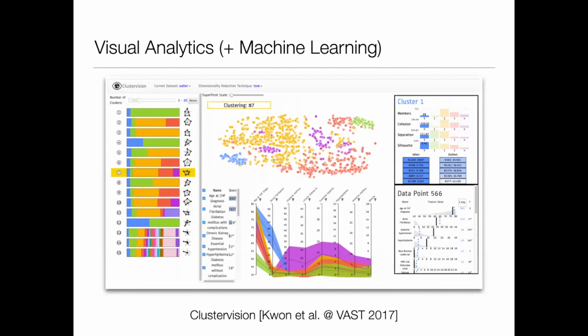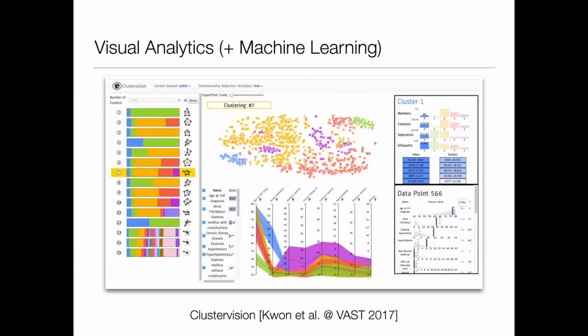So what's happening here is that this is an example of a visual analytics technique that gives you a kind of back end of machine learning. In this case, it's unsupervised learning, so it's clustering and dimensionality reduction.